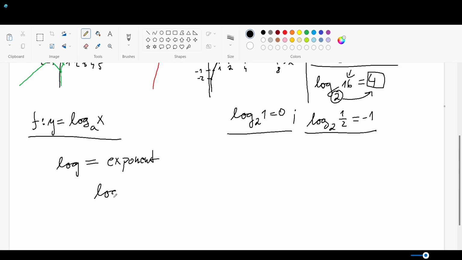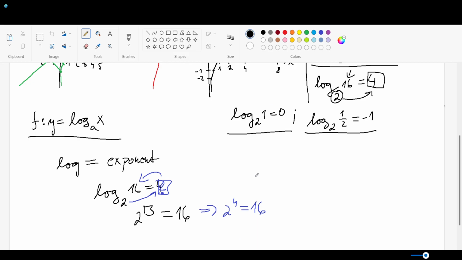If you look again at the example, log base 2 of 16 is equal to 4, it basically means 2 to the power of what is equal to 16. So you work vice versa: 2 to the power of 4 is equal to 16.